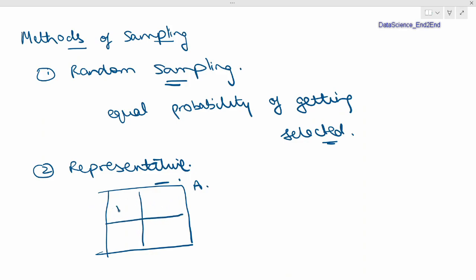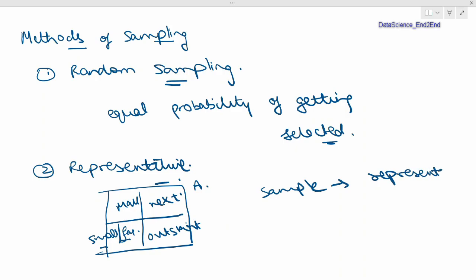For example, some shops are available in malls, some are next to your house, some are available at the outskirts, and some are located far away from your house, and these are small shops.